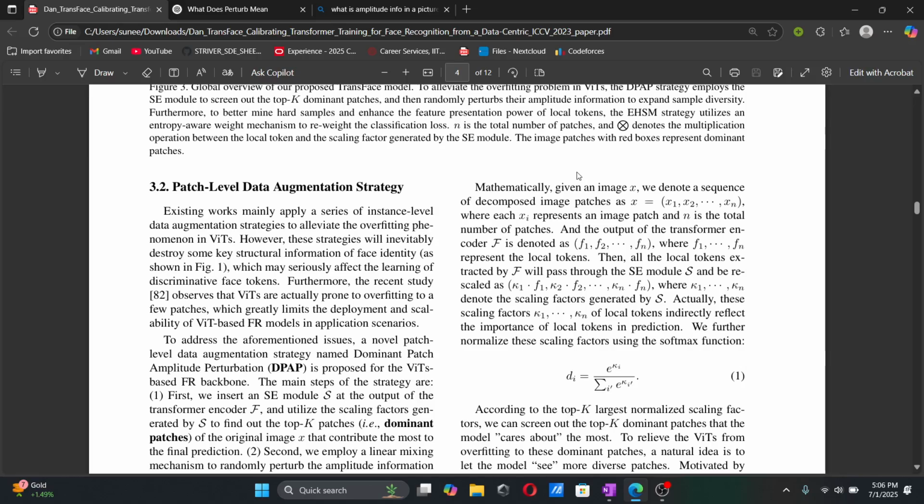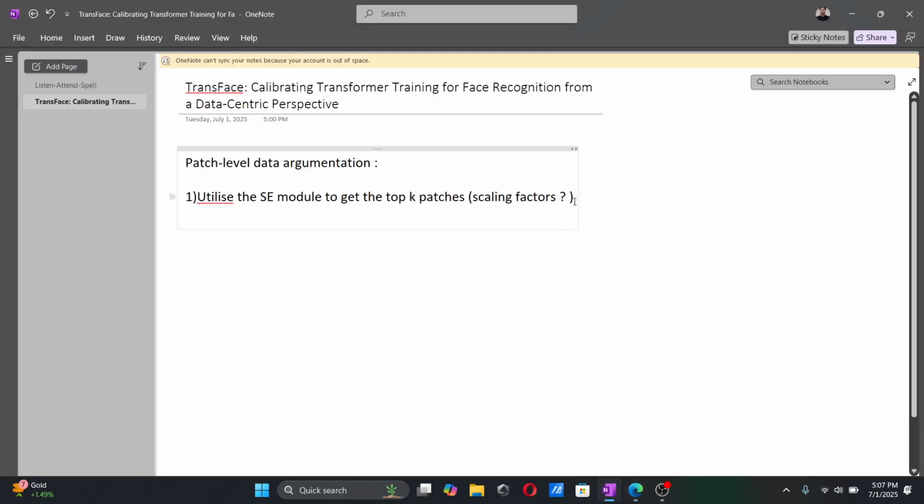Mathematically, given an image X, we denote a sequence of decomposed image patches as X equals, okay, so let us write that down. Say X equals Xi, which would be the patches.